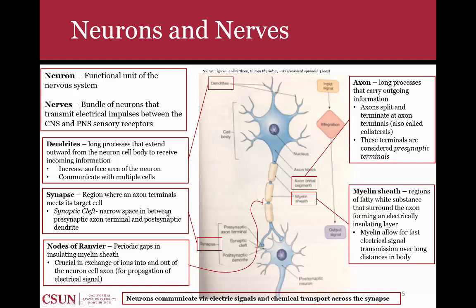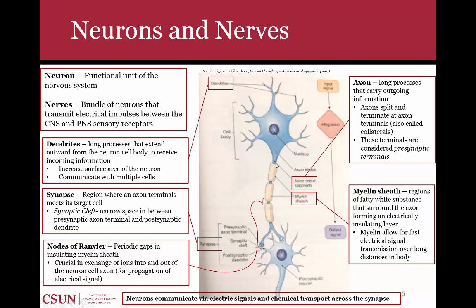That's a region where axon terminals, which is the other end of a cell, meet a target cell, and the narrow space between there, on the order of nanometers, is called the synaptic cleft. This is where things like dopamine and other neurotransmitters are released, and you have chemical communication between cells.